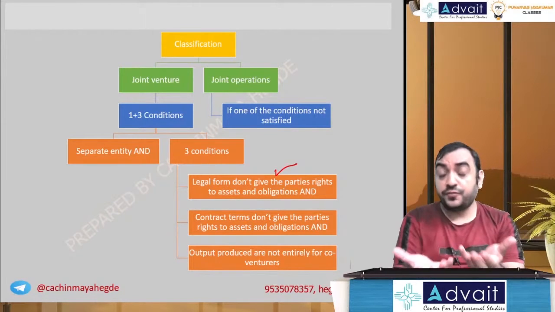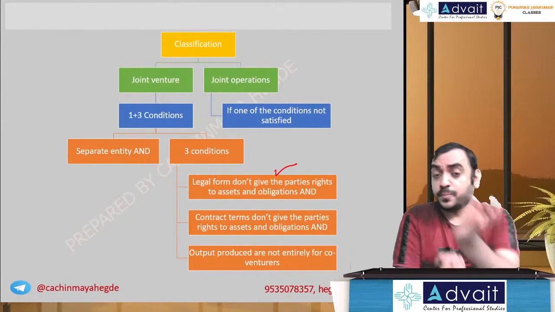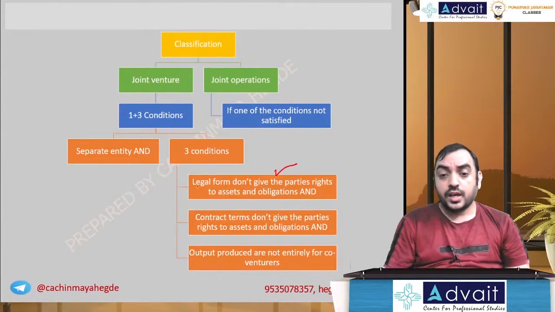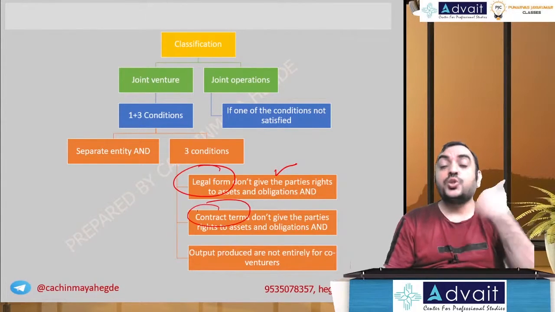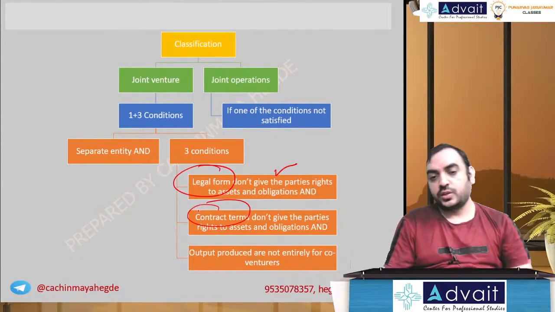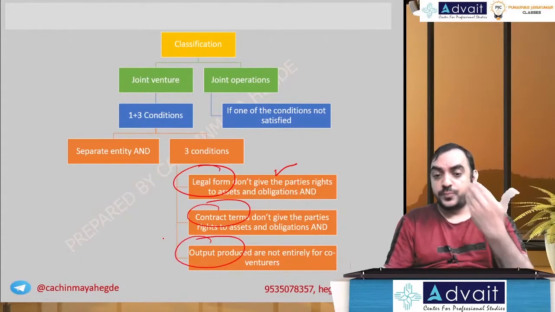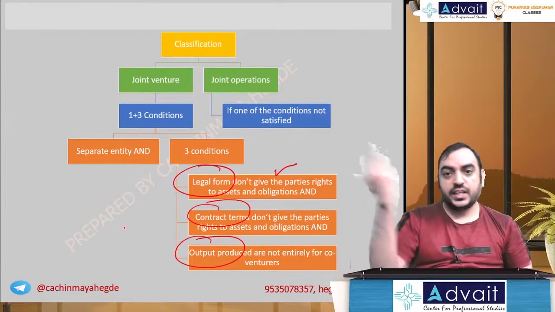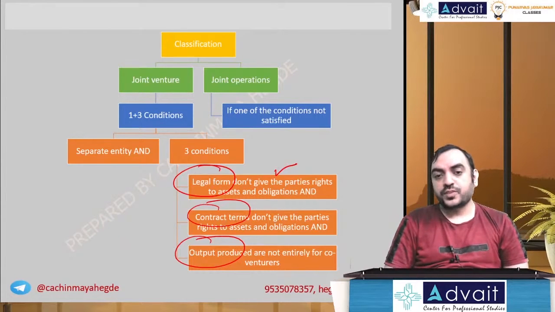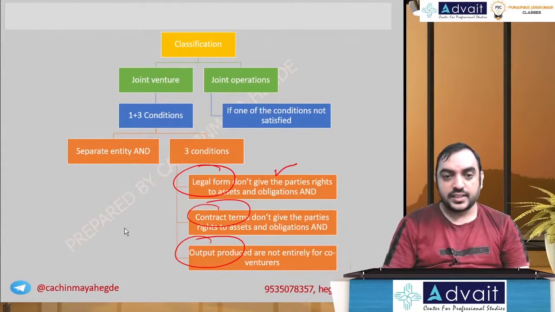If you have individual ownership, it becomes a joint operation. This is the legal form. The other is contractual terms, which do not give the parties rights to assets and obligations. And the third is that output is produced not entirely for the co-venturers, it is for outside people also. So look at these three conditions. I think that is what even the institute would have said in the answer.